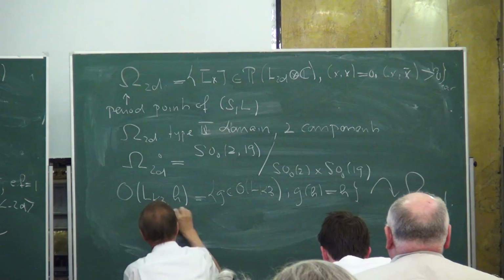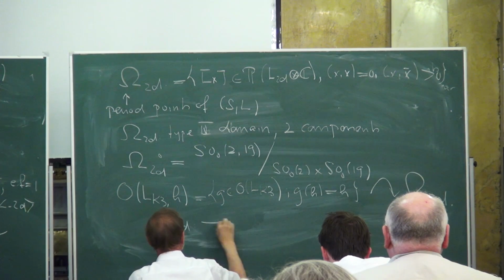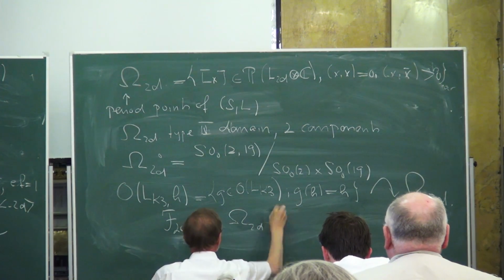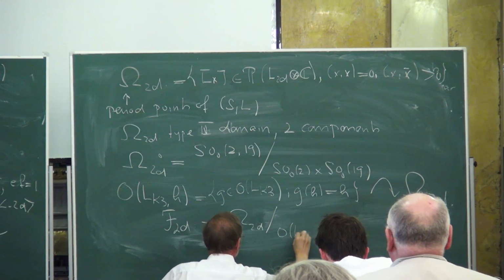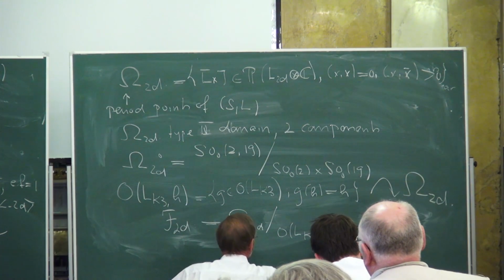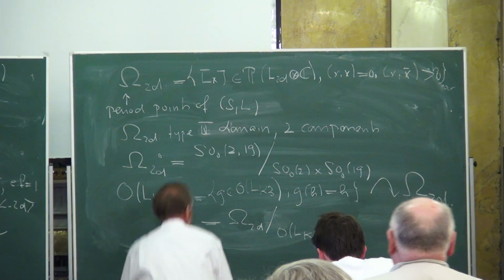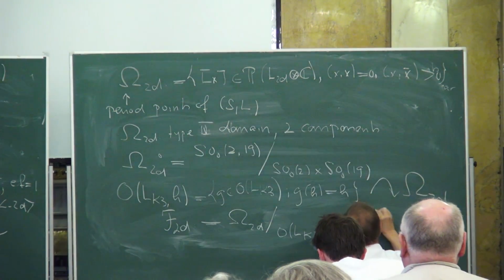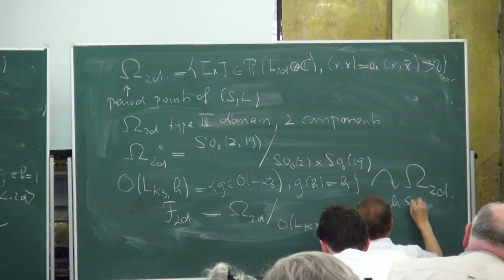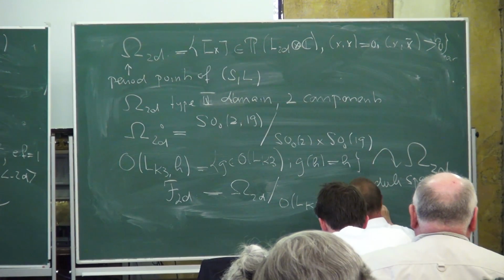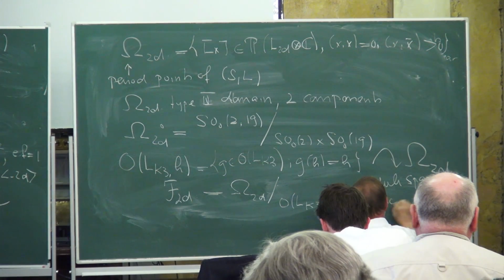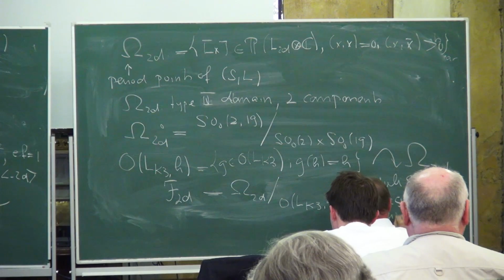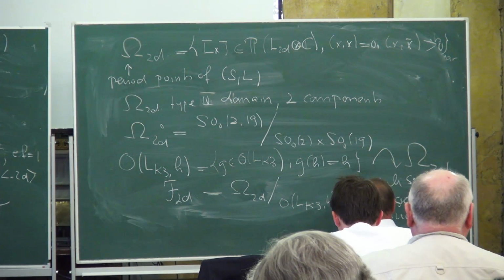And then I can take F_2d, which is the quotient of Omega_2d by this group, and this is now the moduli space of degree 2d polarized K3 surfaces.